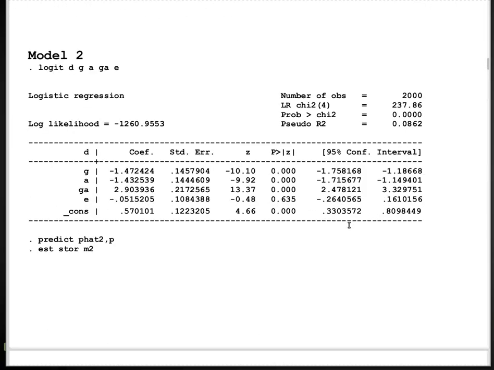So let's then suppose that we decided to construct the model that does not have the GAE term. Okay. So we're going to then have this model. This is a model that's nested within model 1.